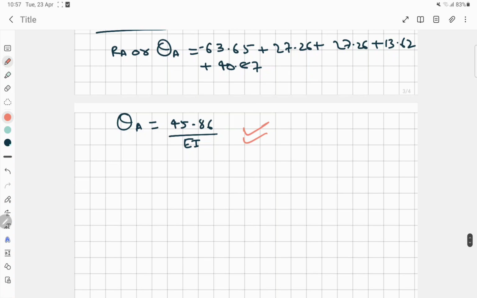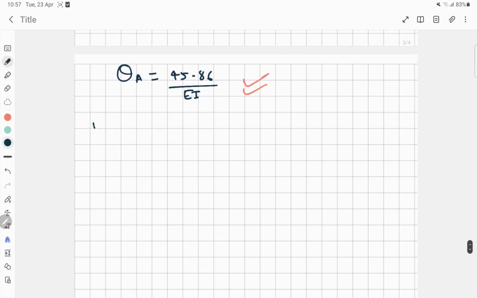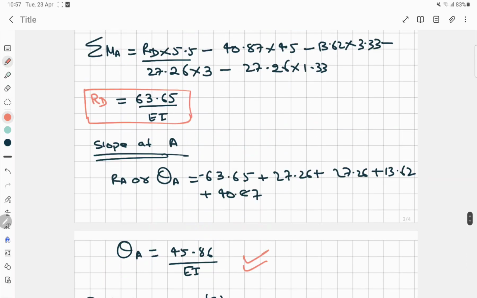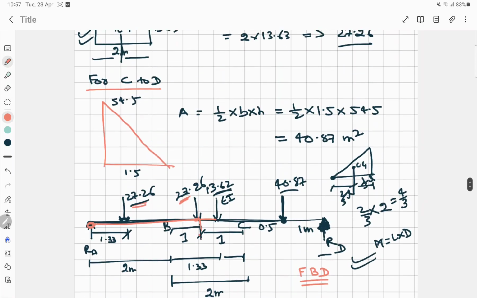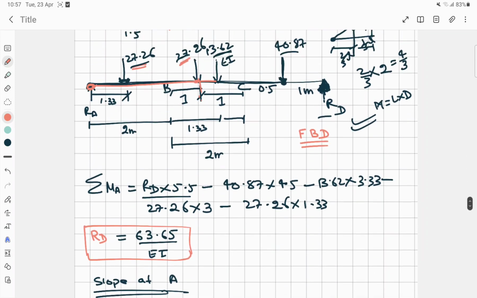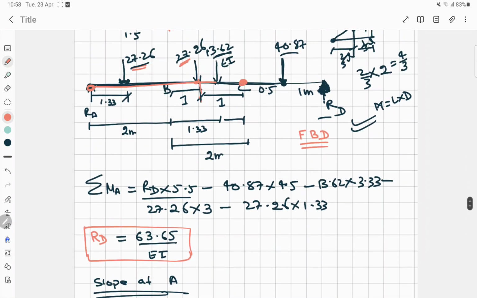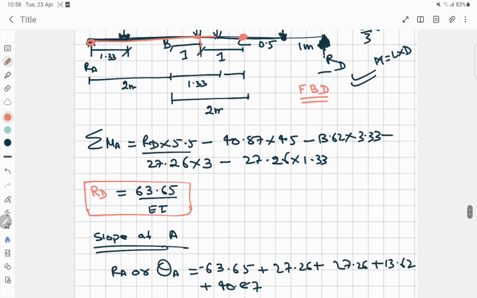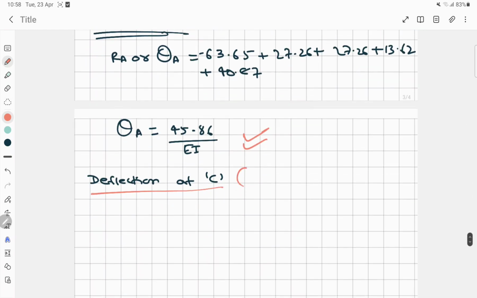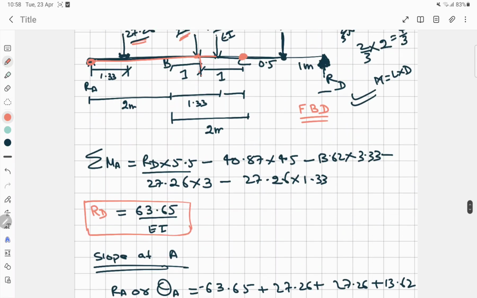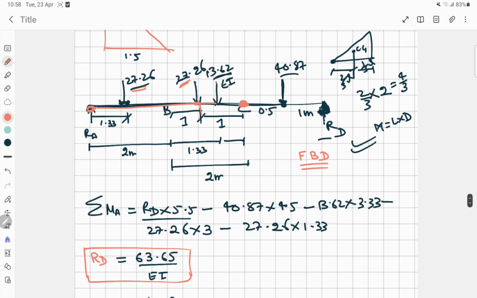Now the second is to find the deflection at C, right? We have a free body diagram here, and up to here we have to find the deflection at C. See the diagram here: to reach here, this is the load, and we will consider only this part.